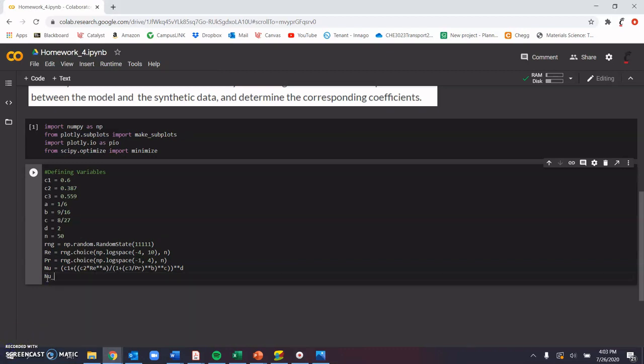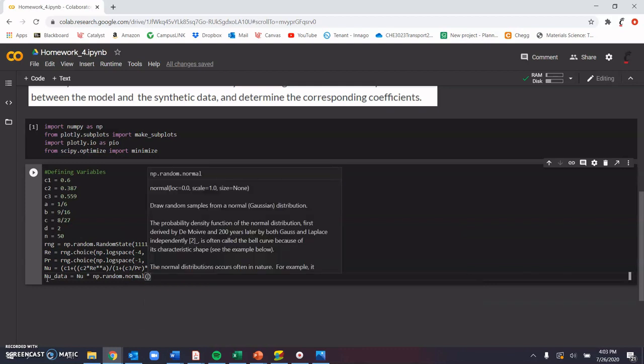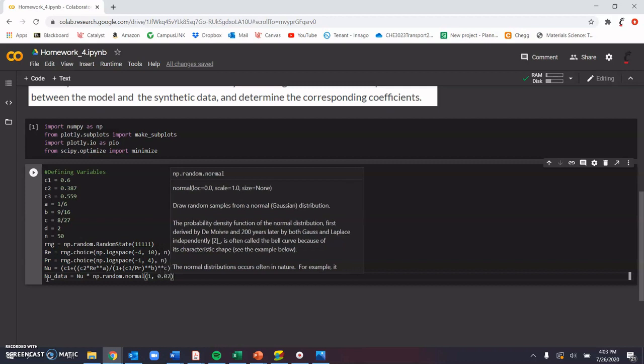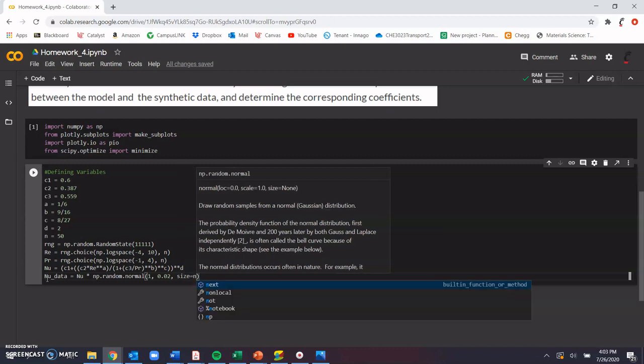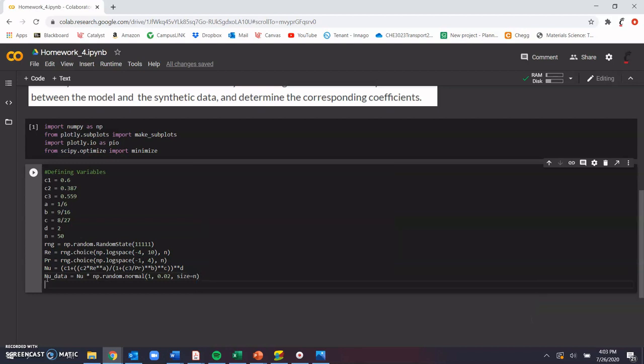So we'll make a new variable, we'll call that new data, equal to our Nusselt number that we just calculated times np.random.normal. And this will give us a normal distribution around 1. Again, our standard deviation is 0.02. And then the size of our vector, again, will be equal to n, so it stays consistent. And then we need some x values for when we're plotting this.